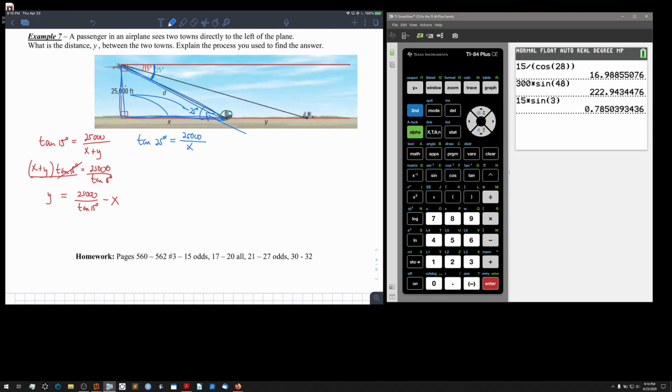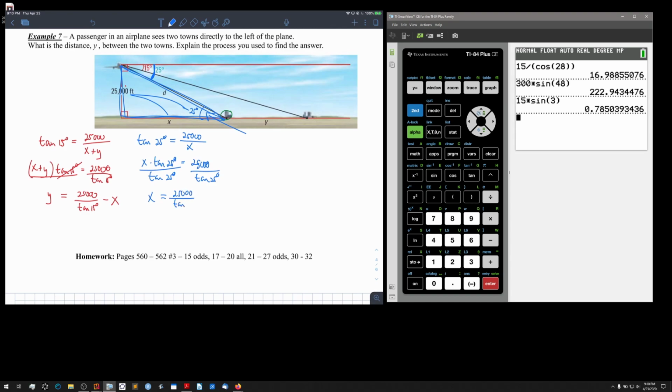And then all I have to do is solve that equation. So x times tangent 25 degrees is 25,000, and then divide out the tangent of 25 degrees. So x is about that.